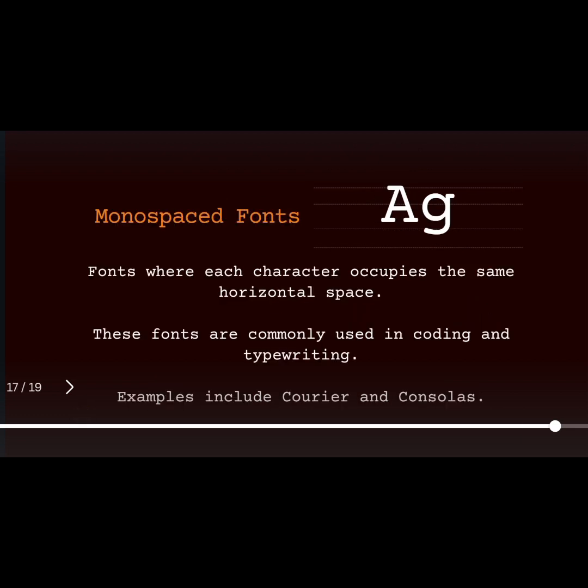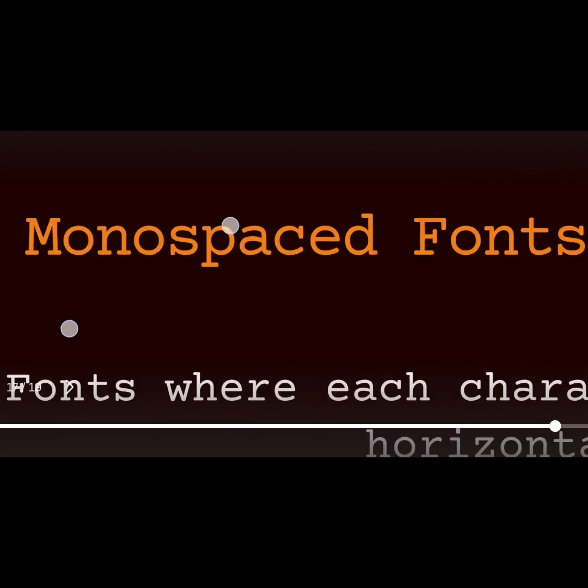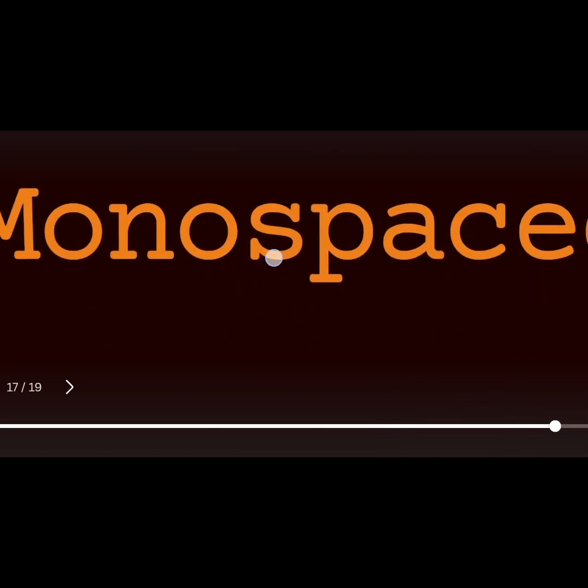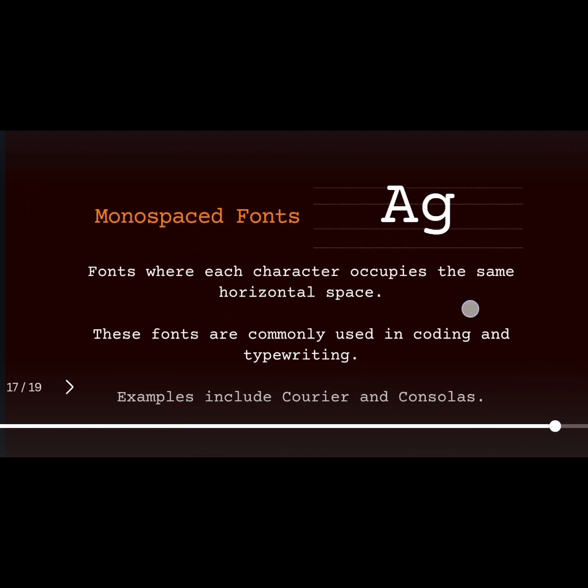Now this is another type, monospace font. For this font, each character, that is each alphabet, has the same space. If you look at the space of this N, it occupies the same space as this O, this S, this P, this A. So that is the monospace font.